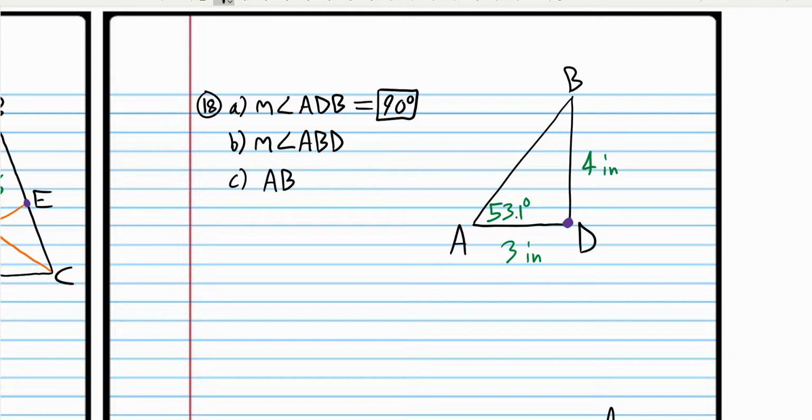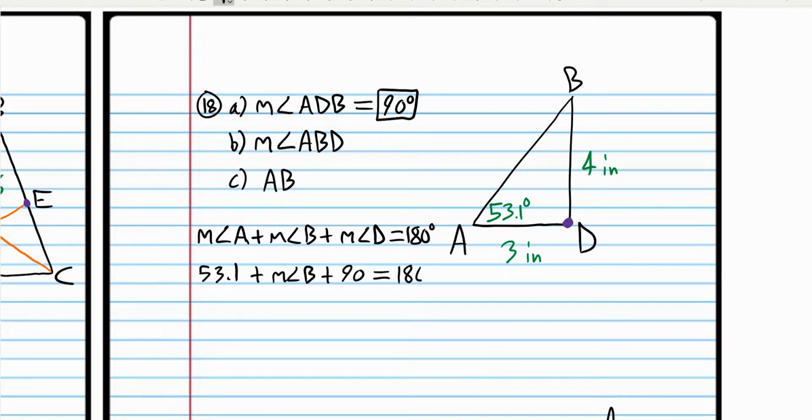Now measure of angle ABD, well, we can just use the triangle sum theorem. So the measure of angle A plus the measure of angle B plus the measure of angle D is equal to 180 degrees. Measure of angle A is 53.1. Measure of angle B we don't know. And measure of angle D is 90 degrees, as we just said.